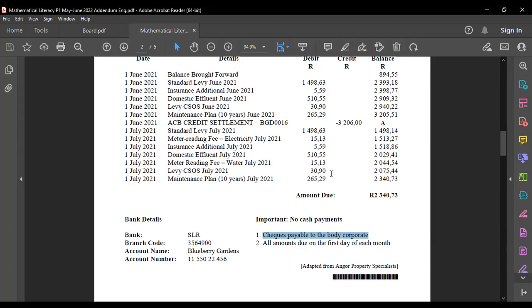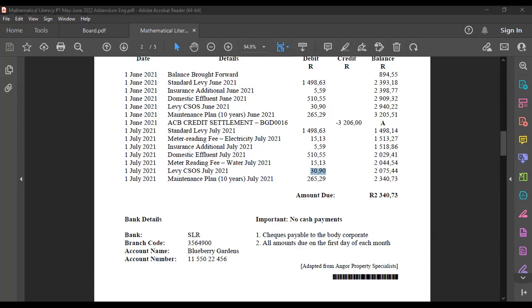This is the levy that we are looking at. Each unit pays this much. So let's go back and we see 49 times 30 rands 90 cents, and you end up having the answer as 1,514 rands 10 cents. That's how we get that.